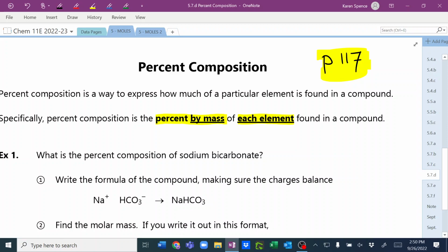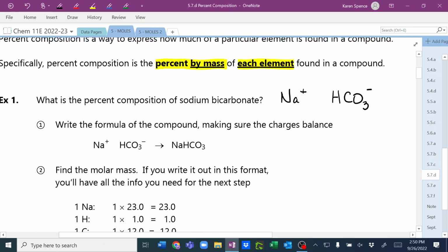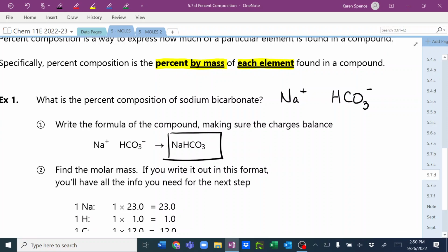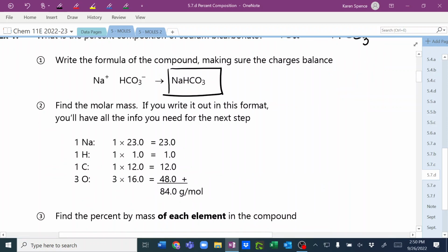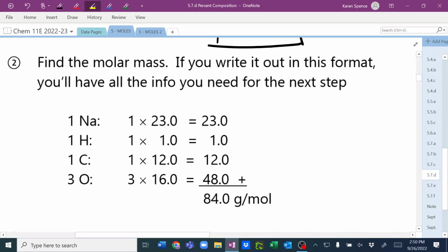So, what is the percent composition of sodium bicarbonate? Well, first of all, we know that sodium is +1, and we can look up bicarbonate, which is HCO3 minus, and so the formula is NaHCO3. So, how would you know the percent by mass of each element? Well, you write out each element and you say, oh, I have sodium with a molar mass of 23, and I have one of them.